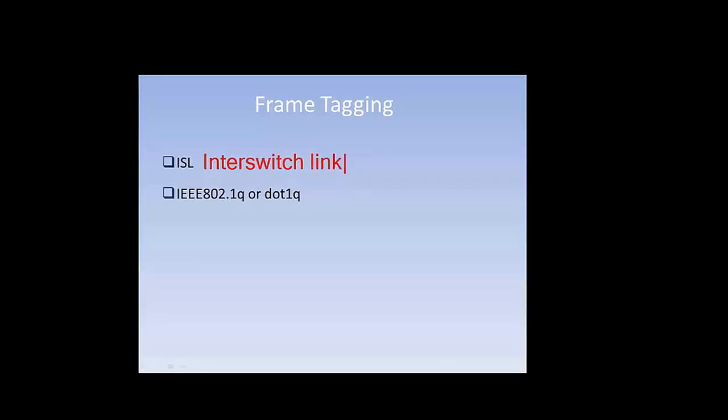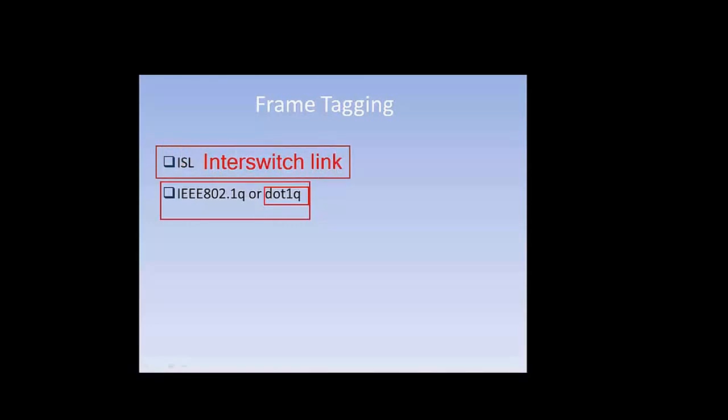And the second one is IEEE 802.1Q, most commonly known as dot1Q. Because ISL was Cisco proprietary, it can be configured only on Cisco devices, but nowadays all devices support the dot1Q protocol.